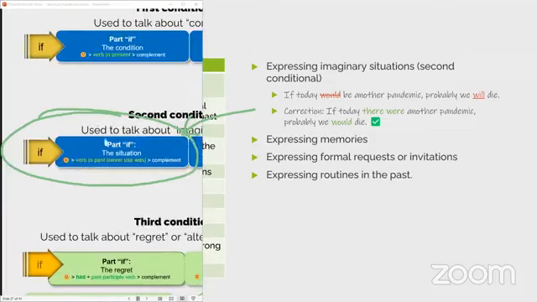Very good observation. You cannot say "if I will", "if I could", "if I may". There is an expression that is "if I could", but this is a different application. That's the only exception. Okay, the only one that you need is "if I" and then the verb in past.